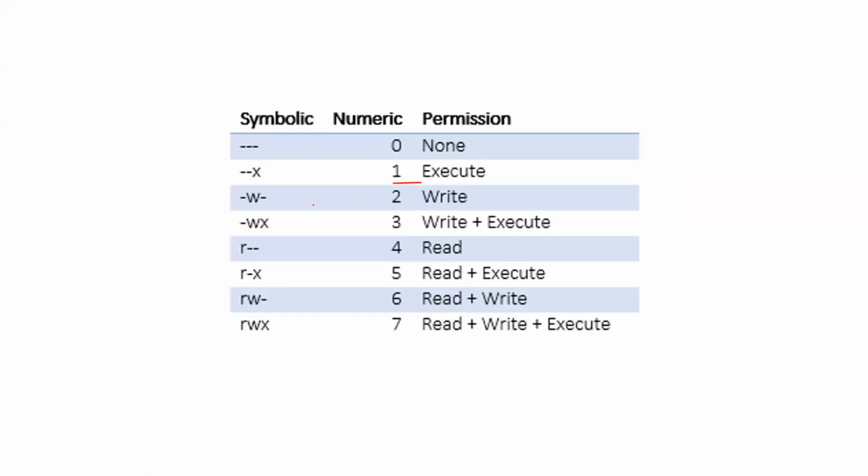Execute is number one, write is number two, and read is number four. If you want to give read, write, execute, you add 1, 2, and 4, and the number is going to be 7.